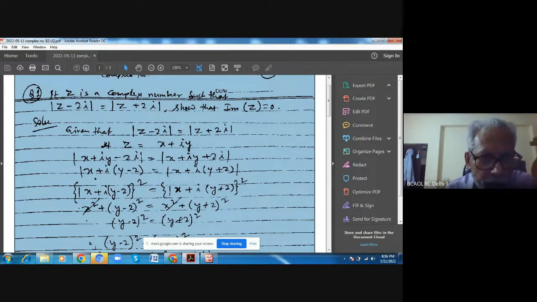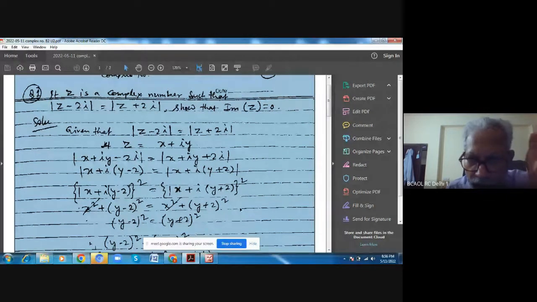You can take iota common, so in the bracket Y minus 2. Here also you can take I common, and in the bracket Y plus 2. Then you can square both sides.